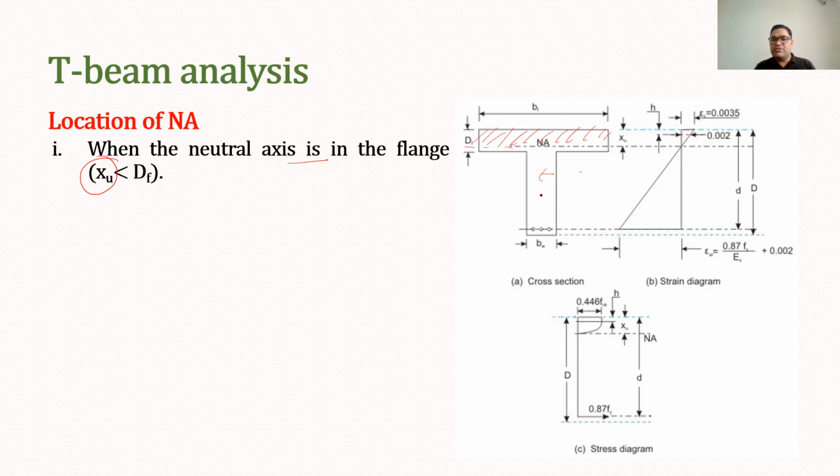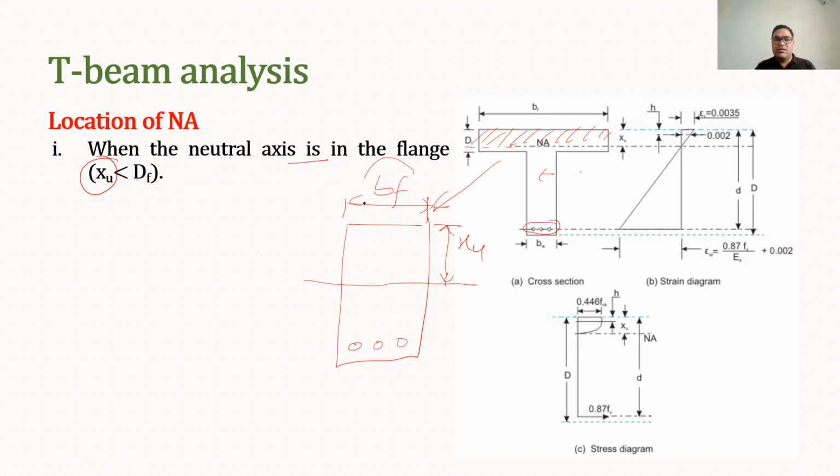Under tension, concrete is considered as cracked, so only steel will be taking the tension. In that scenario, we can consider this T beam as a rectangular beam having width as Bf and depth as Xu, the depth of neutral axis, and steel will be there.